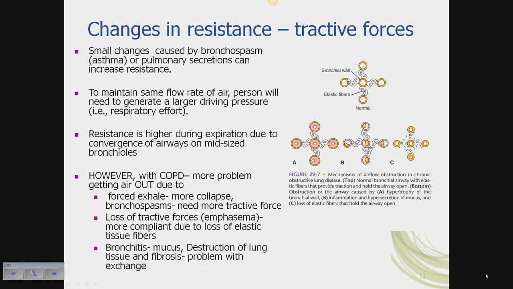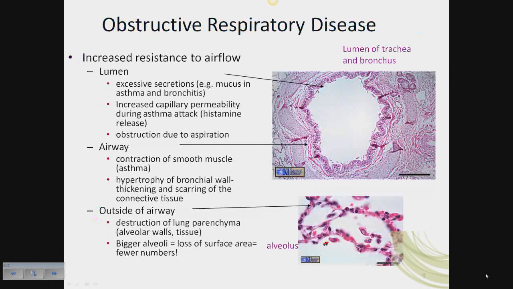This is what I just highlighted on the previous 2 slides, how we can have excessive secretions in the lumen, hypertrophy of the bronchial wall, and loss of alveoli. I mean, I just mentioned that to you.